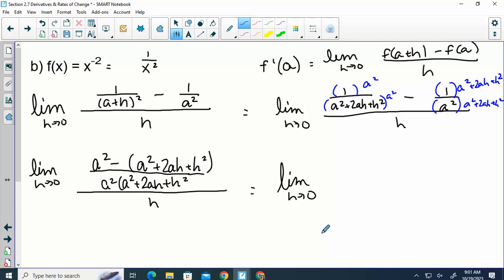We are really close now. What would I need to do with this negative? So these drop. We have negative 2ah minus h squared over this denominator.